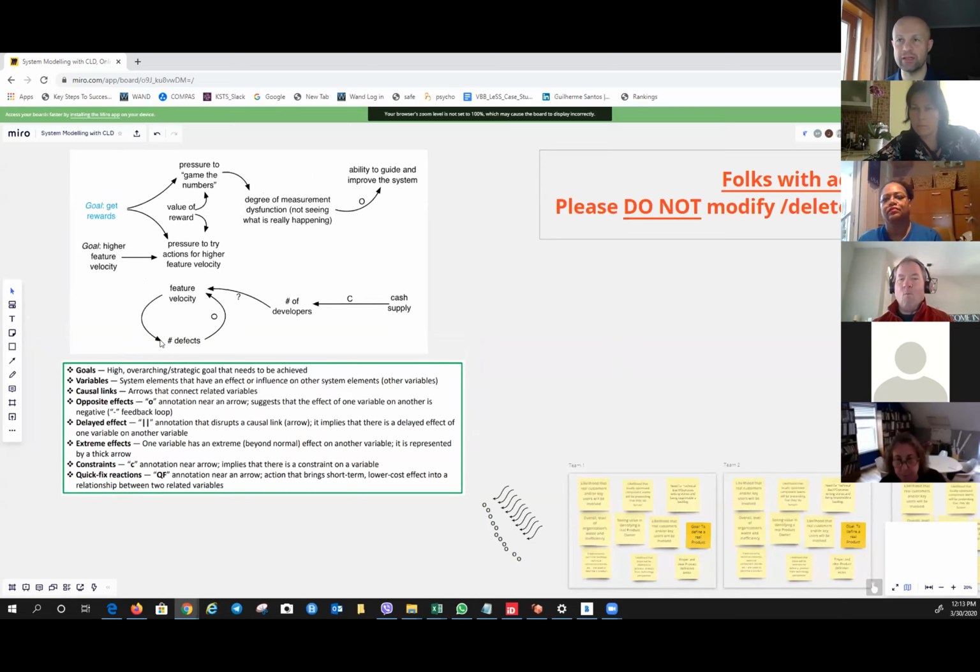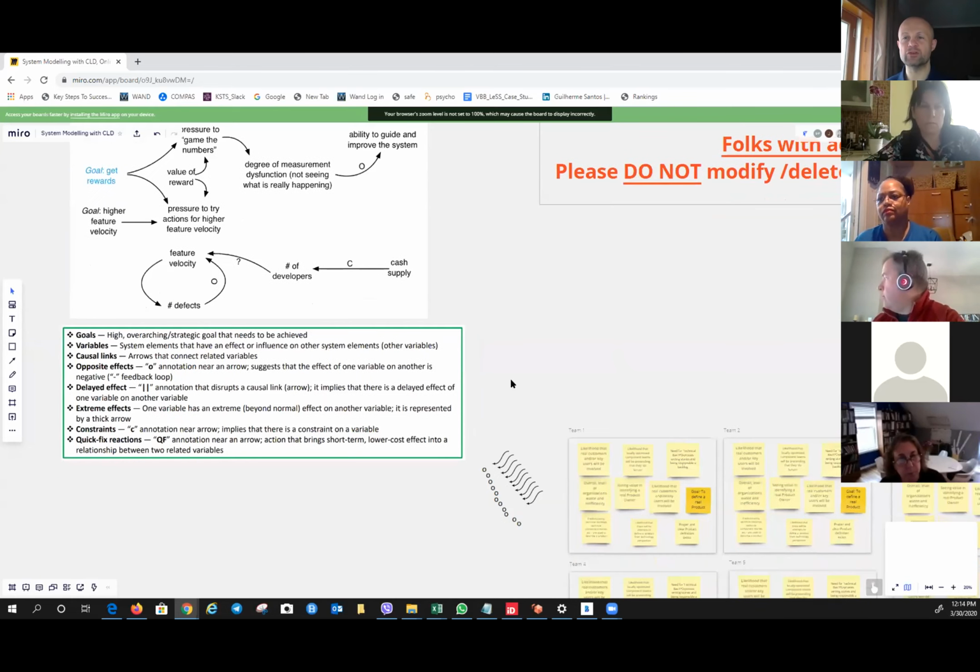Okay, goals, the boxes, variables, constraints. These are the constraints, the links themselves, the arrows. Opposite effect, delayed effect is the pipe. We don't have it here, but if you have a pipe like so, then it's going to be a delayed effect. Extreme effect usually is shown by a thick arrow. Constraints we covered is a C. Something called a quick fix, QF.